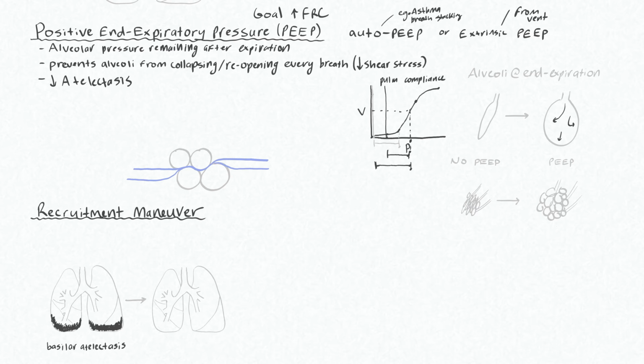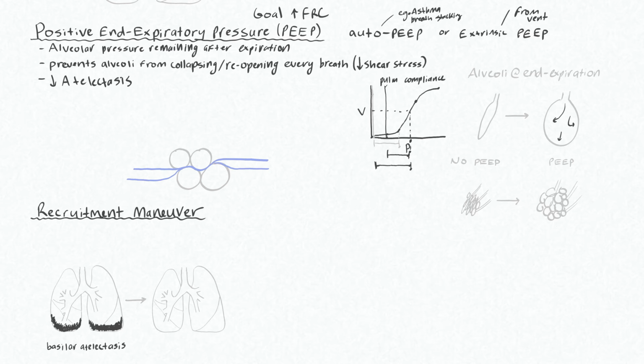And yes, this would give you technically the same lung volume with the same total pressure, but then we still have to go through this range of opening up closed alveoli with every single breath, which will increase the shear stress on them because they're going to be collapsing and snapping open every time that the ventilator gives a breath.